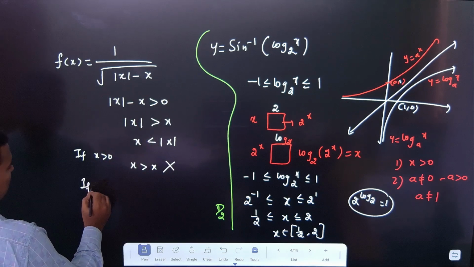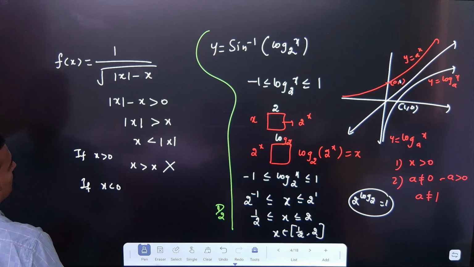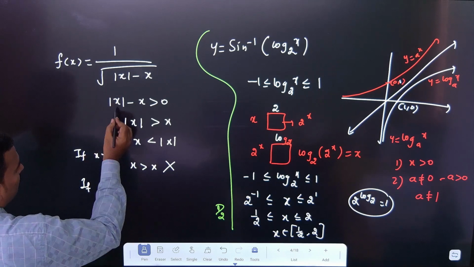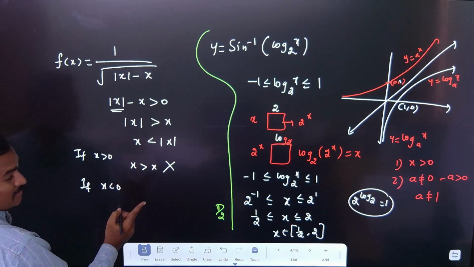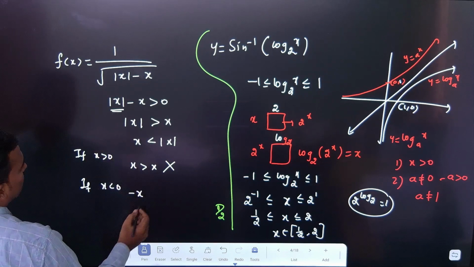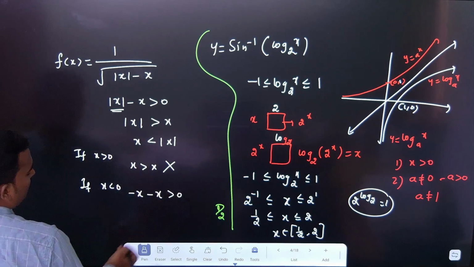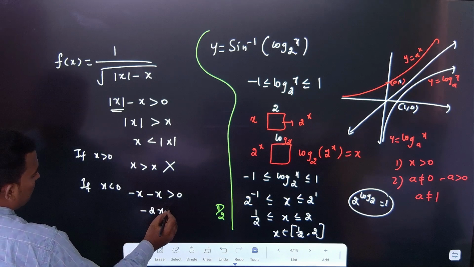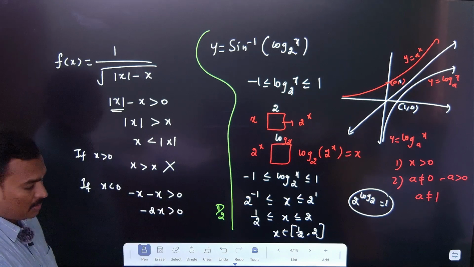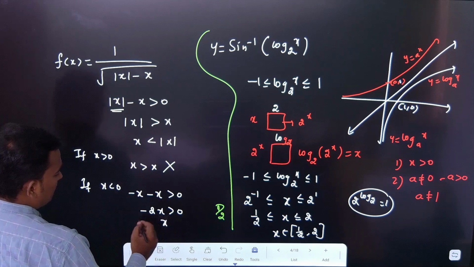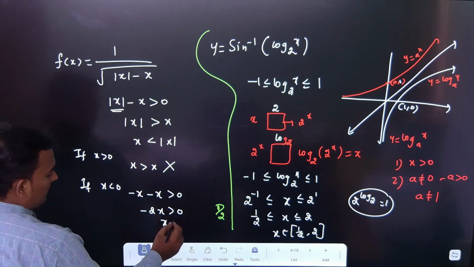If x is less than 0, you can take this case. If x is less than 0, you can see here the mod x is what? x or minus x? Minus x, right? Minus x greater than x, so minus 2x is greater than 0. We need to multiply by negative 1, and then you'll get x less than 0.